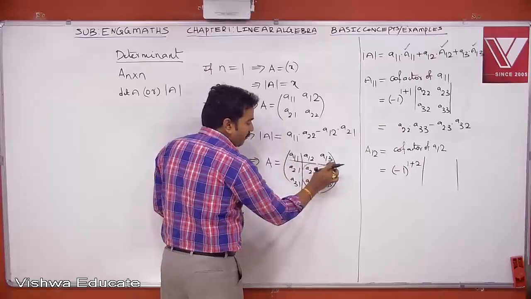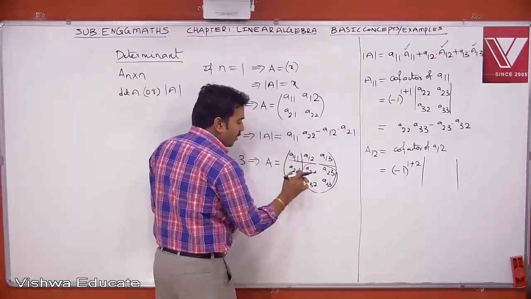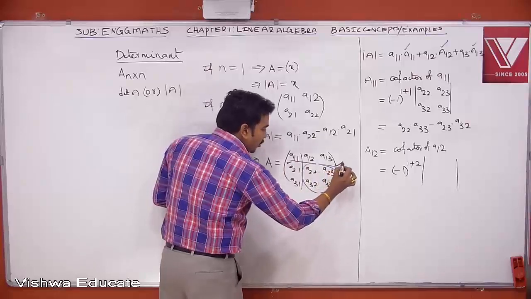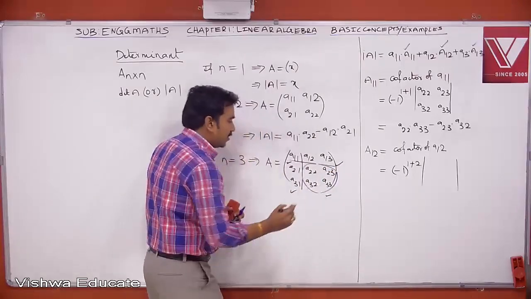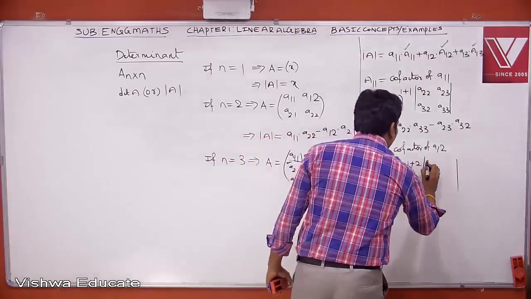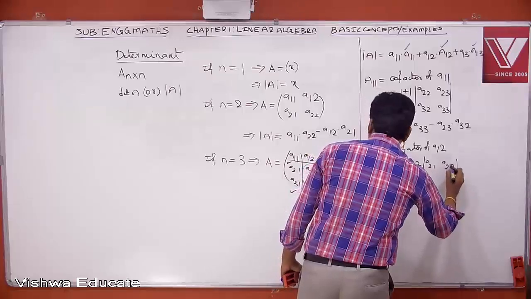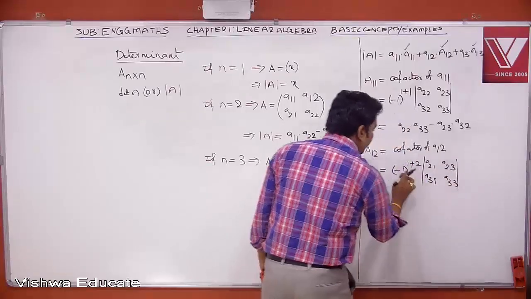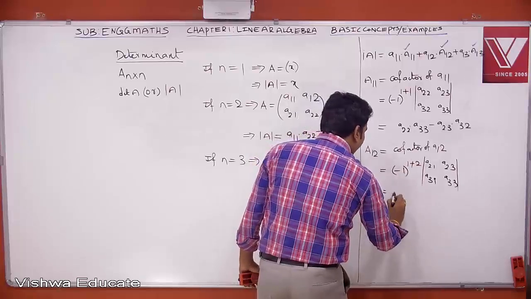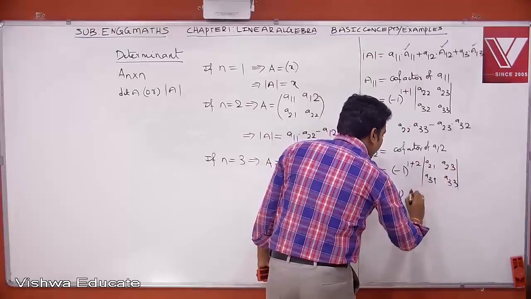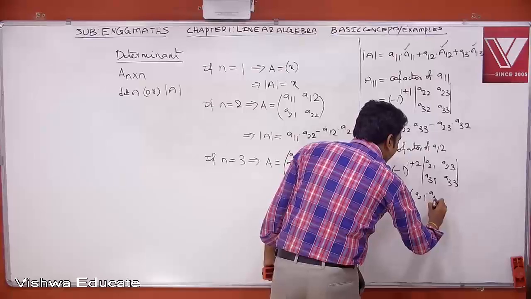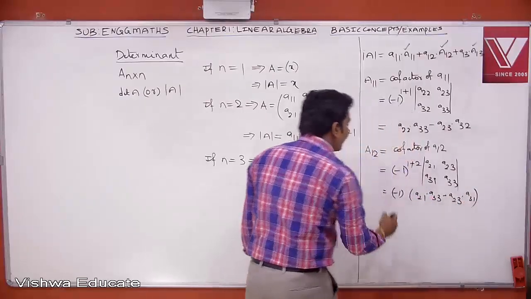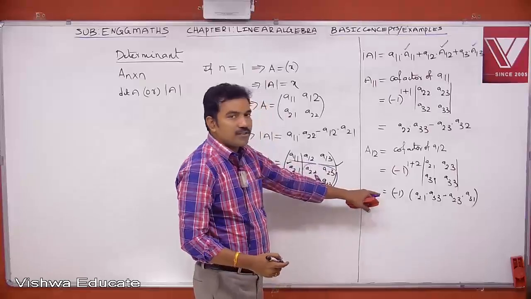When you eliminate them, we get the remaining submatrix A21, A23, A31 and A33. So this is minus 1 whole cube, that is minus 1, into its determinant: A21 into A33 minus A23 into A31. So this is the cofactor of this element.